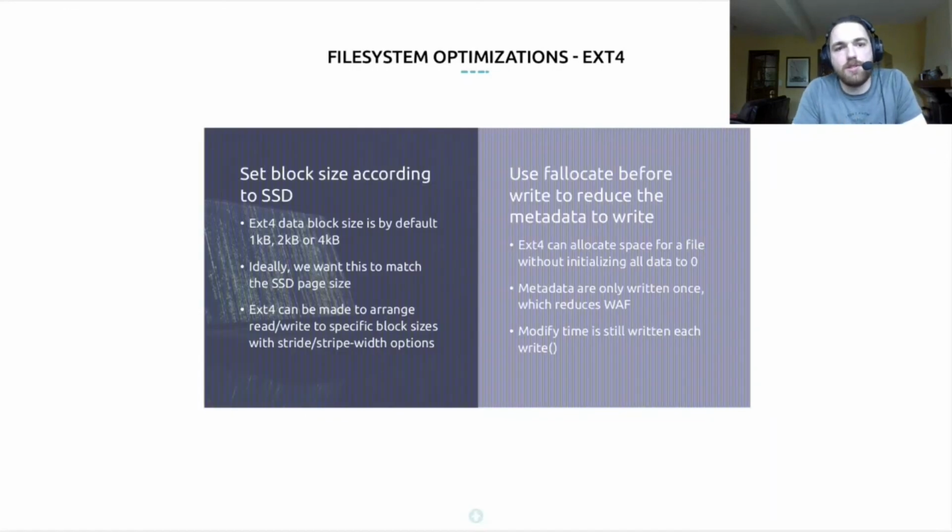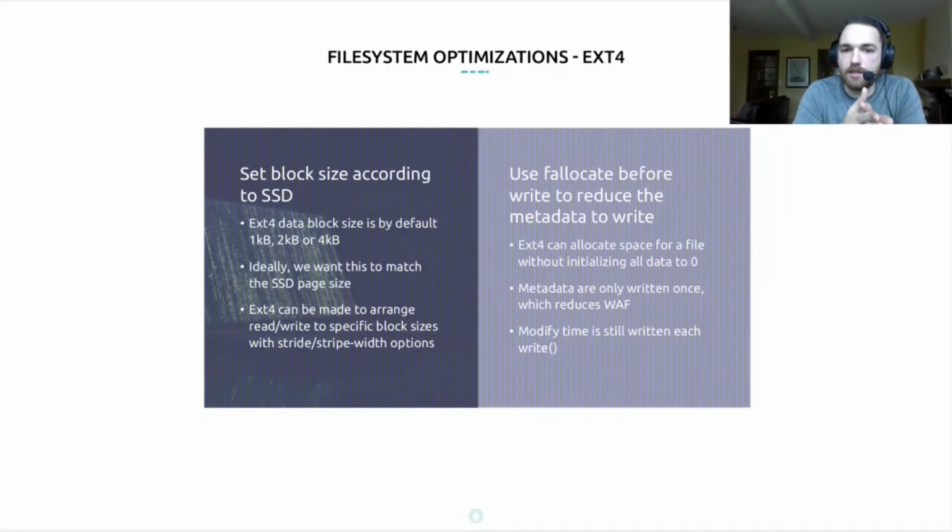Of course, you can also set the block size according to the SSD in order to better align the partitions with the hardware. But one of the most interesting things is the use of fallocate before writing to the file to reduce the metadata you have to write. Simply because instead of just increasing the size of the log file and thus having to always rewrite the metadata around that, you just create a huge file which has all its metadata already written.